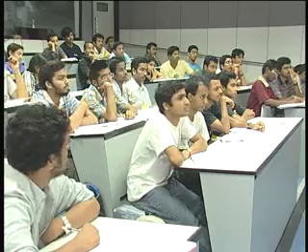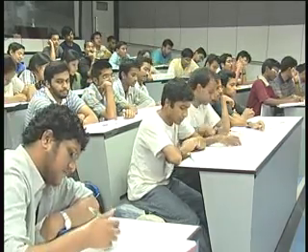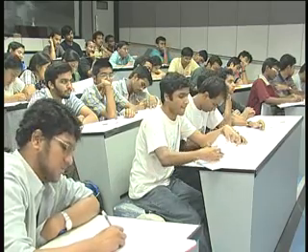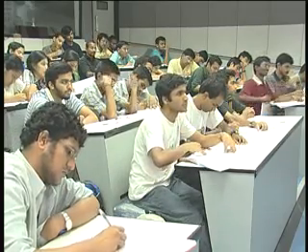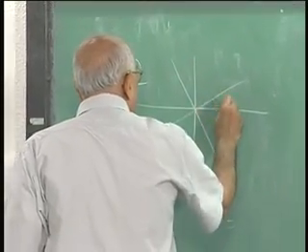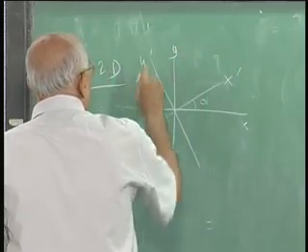Rotations are a little trickier than you imagine. So let us do that. In 2D, I rotate from this set of axes to that set of axes parameterized by a single alpha here. So here is x, y, here is x prime, y prime.